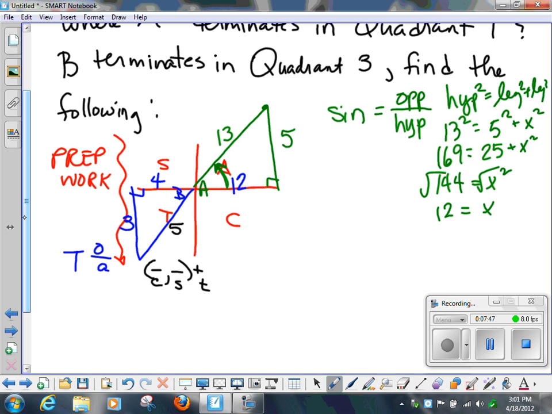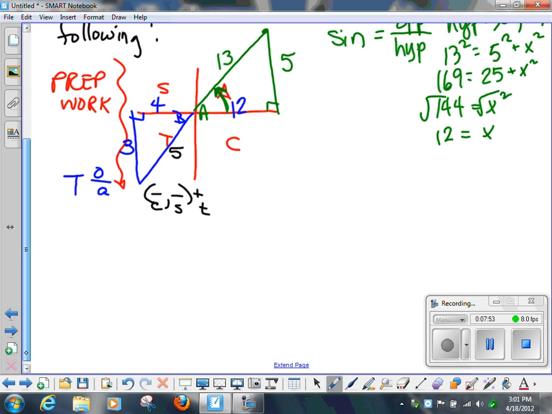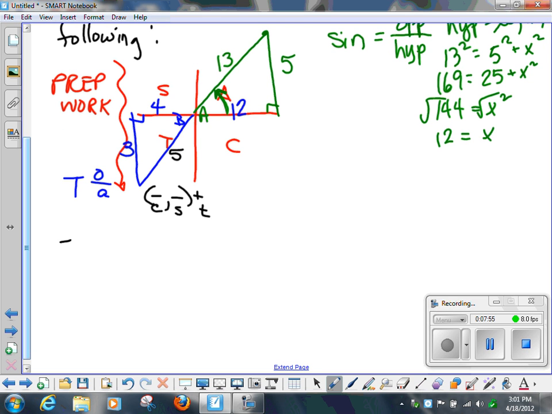Here we go. We've got all our prep work done. We've got our Pythagorean triple. Now we're going to use those 2 triangles to solve this problem, using the addition formula for sine, going straight to your card.